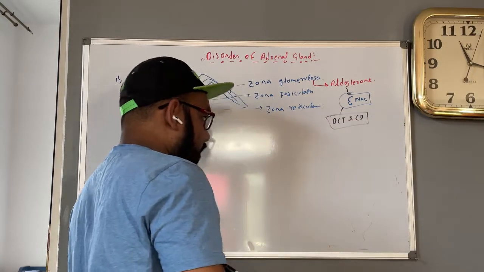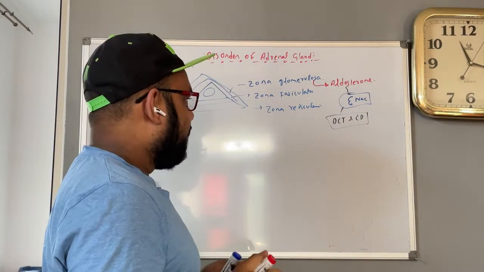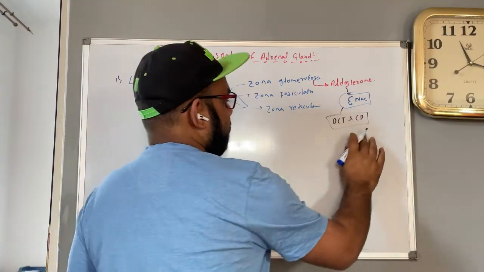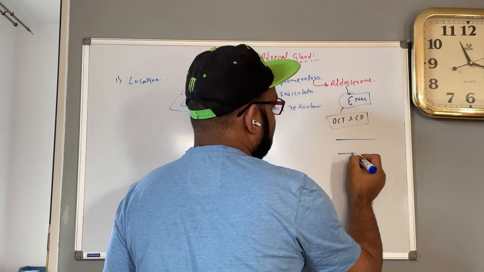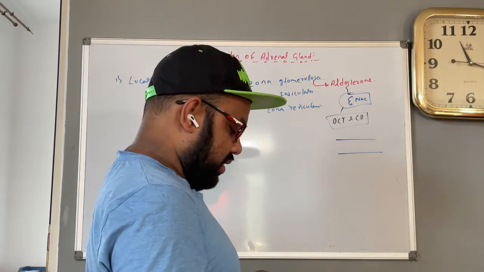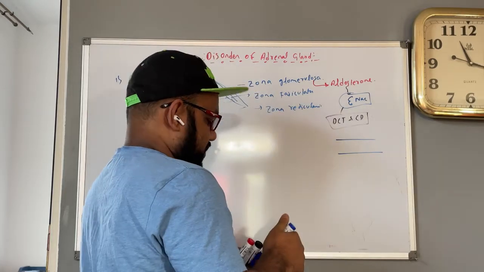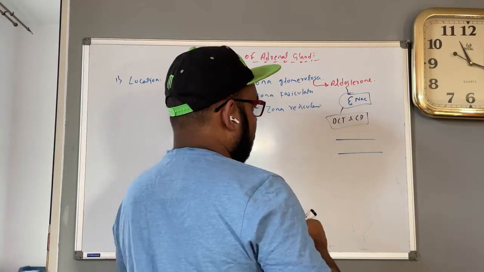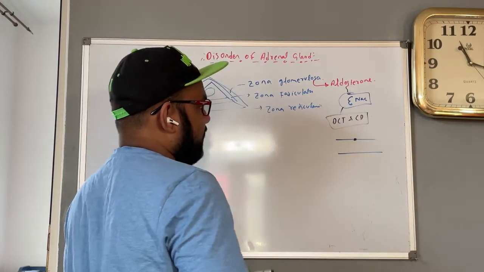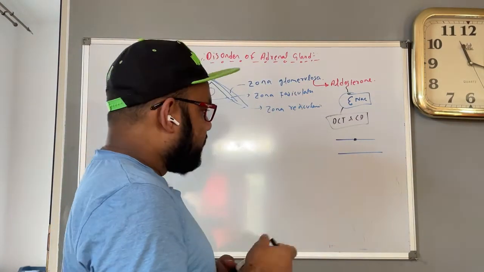If we see a little more detailed structure of this, for example, I am considering this is the DCT or collecting duct. What we will get over here, for example, is the ENaC channel. Now, what will aldosterone do?